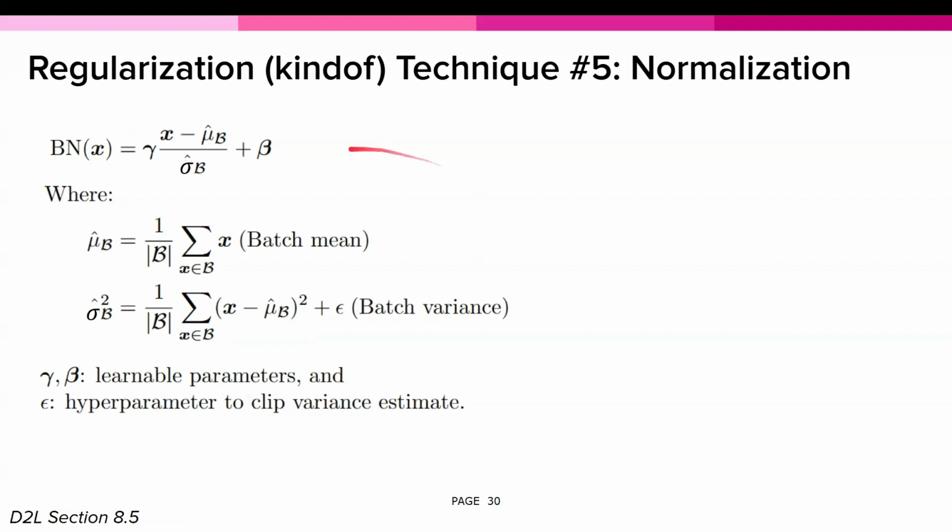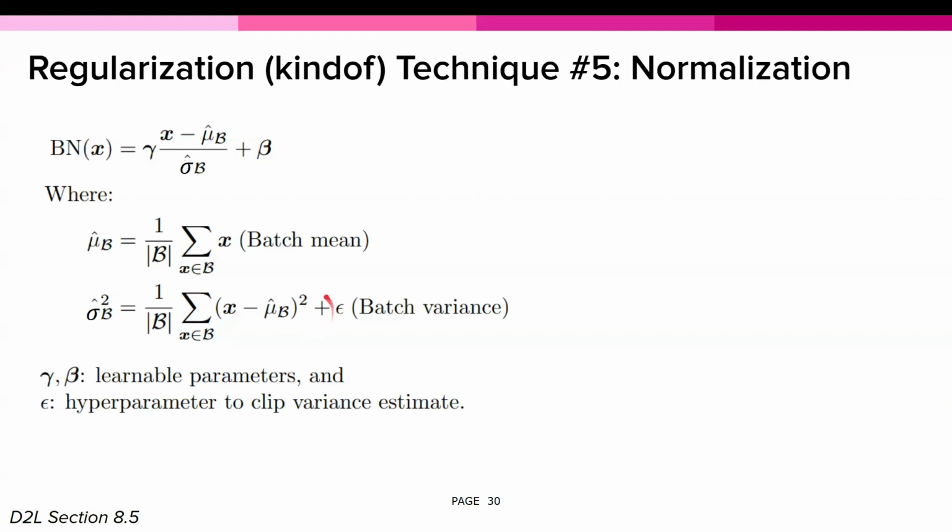For each mini batch, we calculate the mean, denoted as mu sub b, and the variance, sigma b squared, for the activations. This step is going to center and scale the data to have zero mean and unit variance, to help stabilize the training.